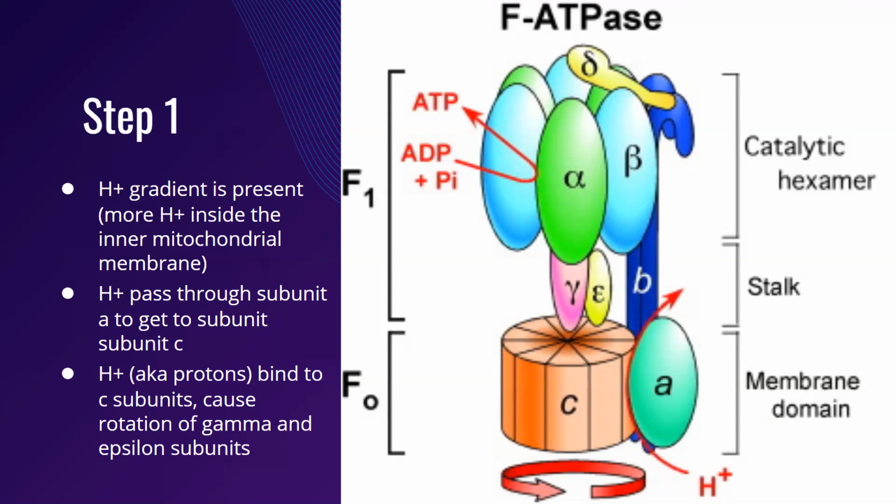So the hydrogen ion will bind to the C subunit and cause the rotation of not only that C subunit, but also the gamma and epsilon subunits, which then connect to the alpha and the beta subunits and cause the conformational change there.